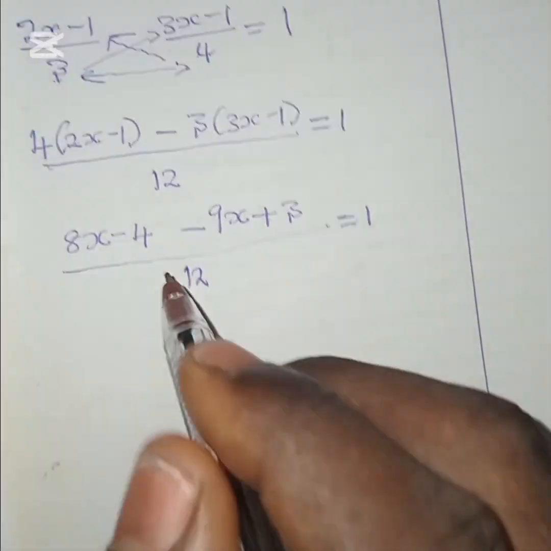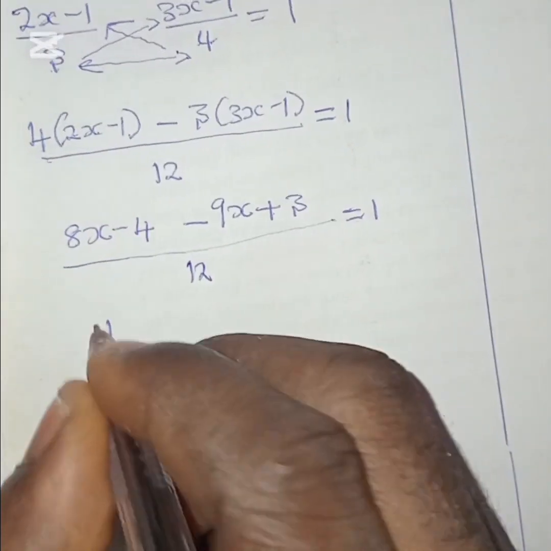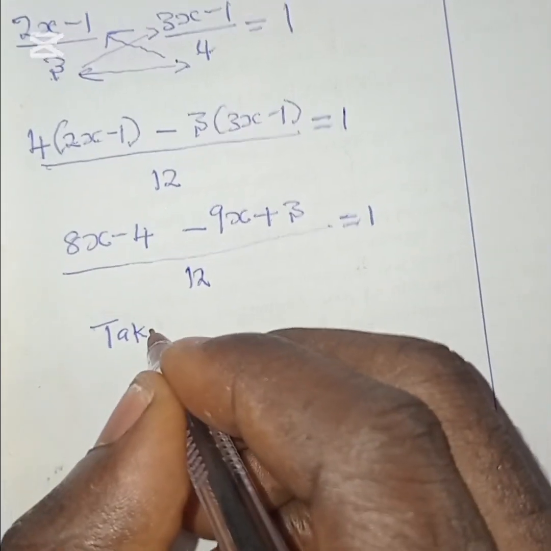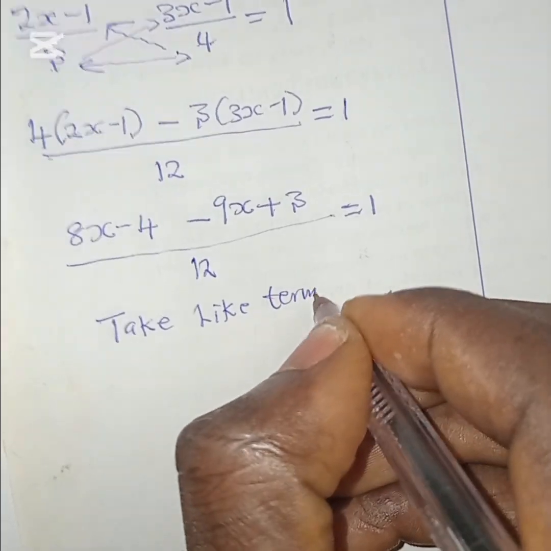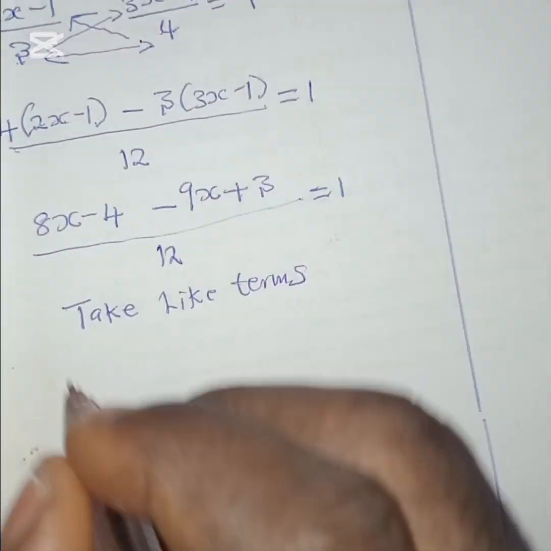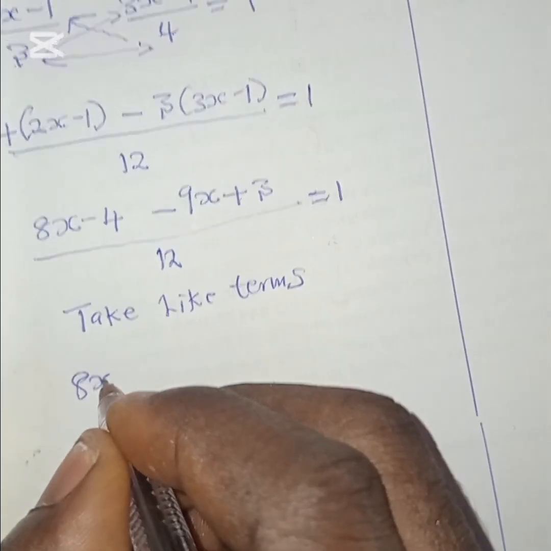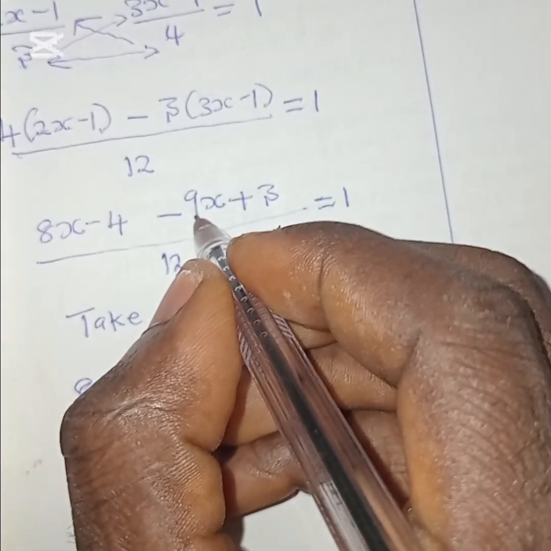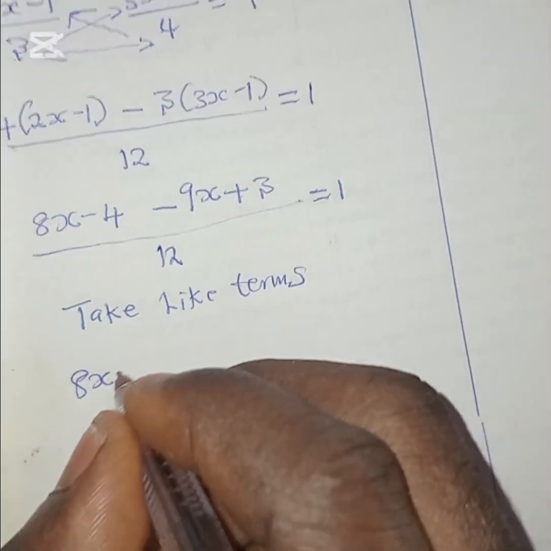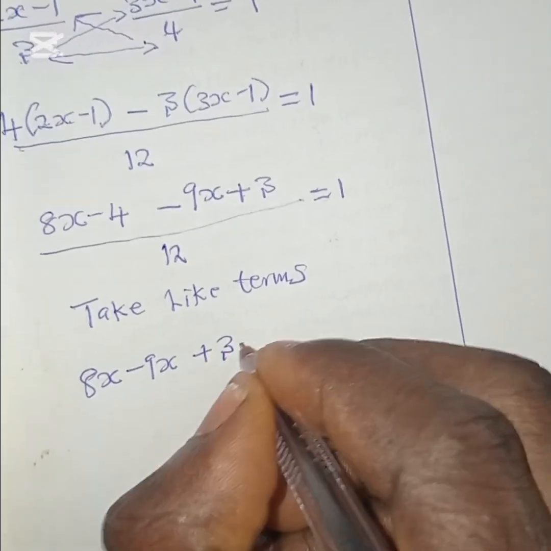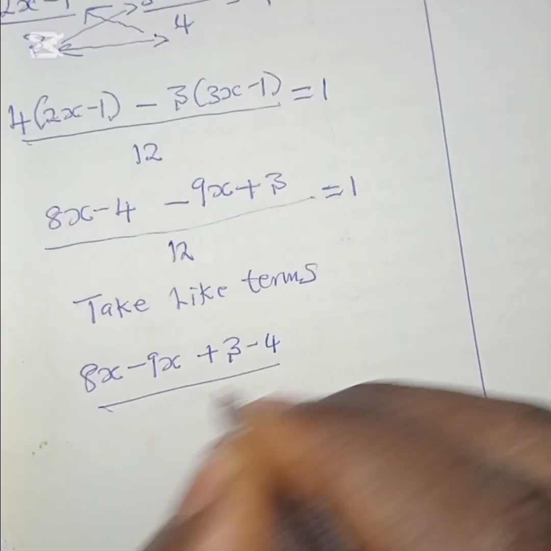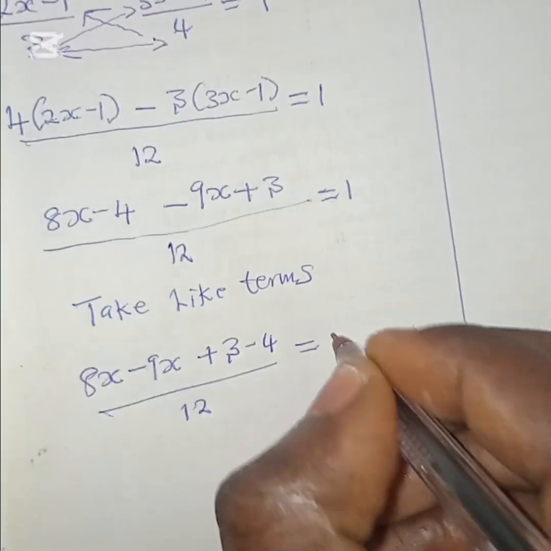Now let's go to the next step. You collect like terms. You put 8x, then bring minus 9x close to where you have x. Then plus 3 minus 4, all over 12, is equal to 1.